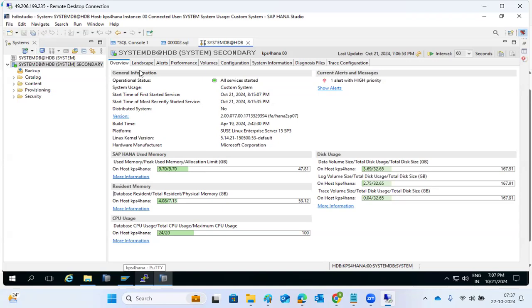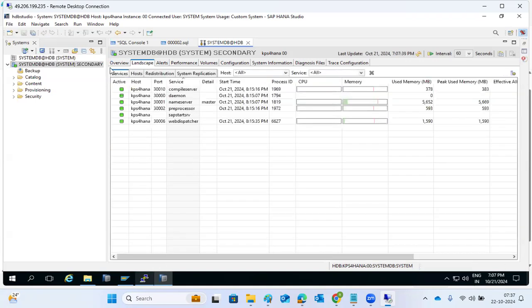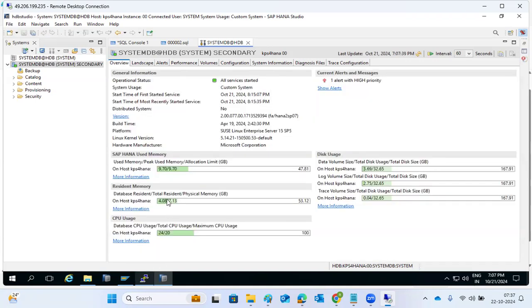So we can reset it here. There is a button to reset that. If you reset it, it will calculate clearly. But you just refer to this one here. This is very important. This one you have to refer to. How much is the total physical memory? In that, how much did you allocate for HANA? In that, how much is currently used? Then the remaining is all free memory.